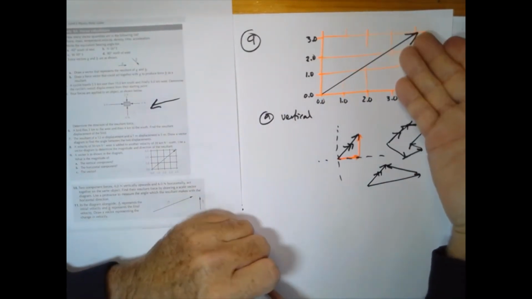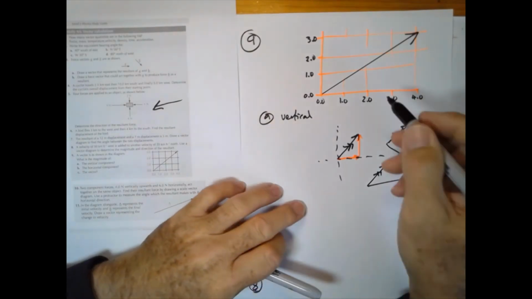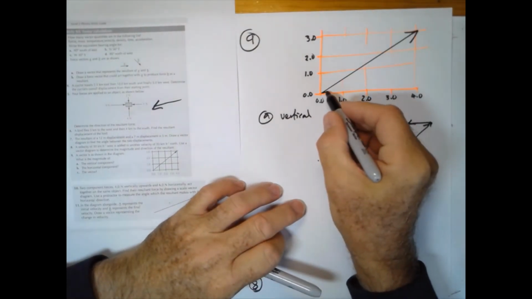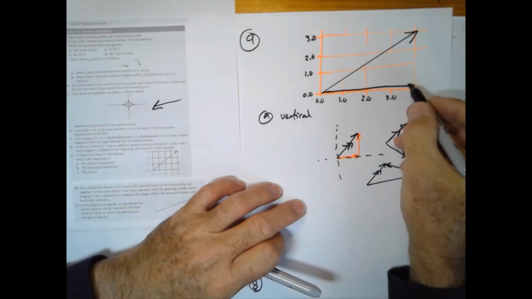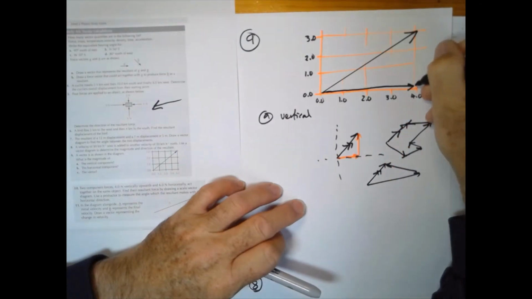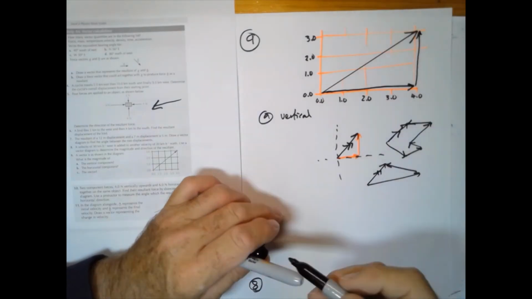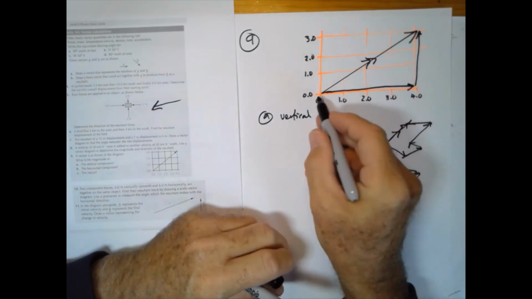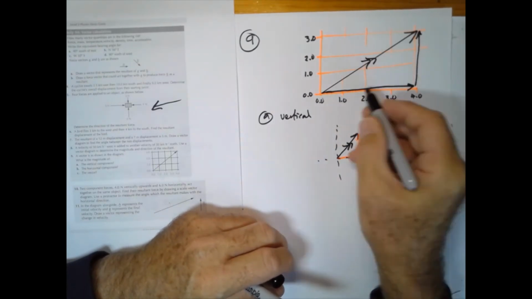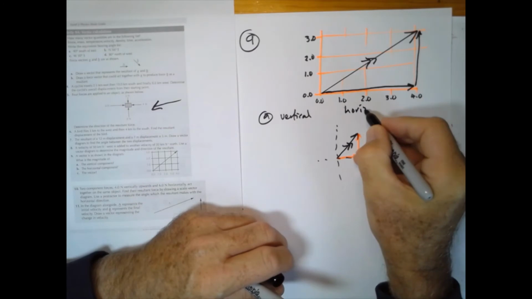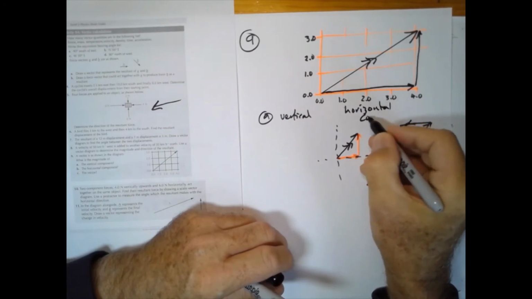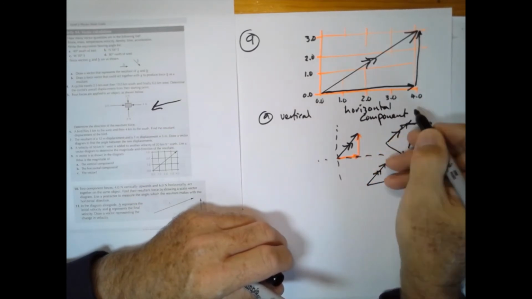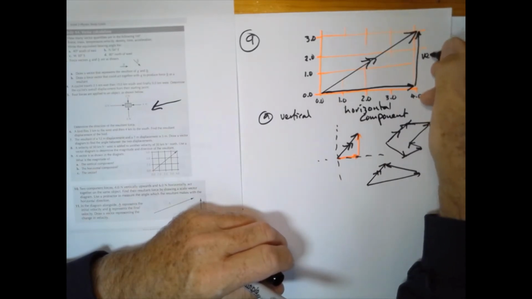And so we see in this diagram we can have this horizontal vector plus this vertical vector, which together add up to make this one resultant vector. This is called the horizontal component of the vector, and this vector is the vertical component of the vector.